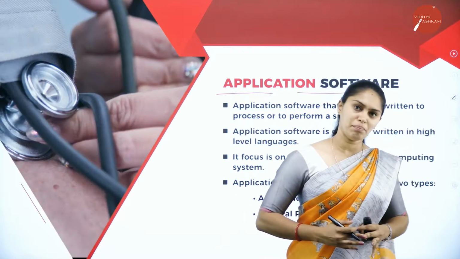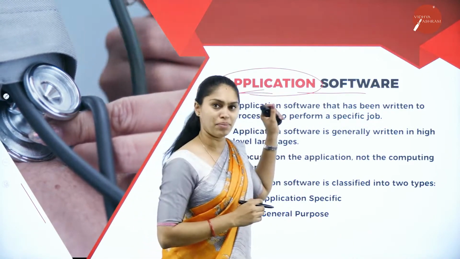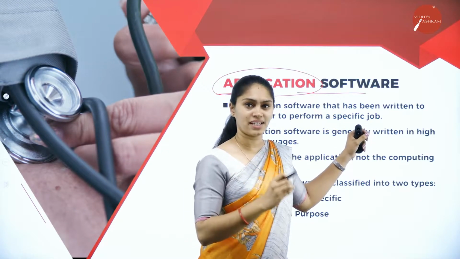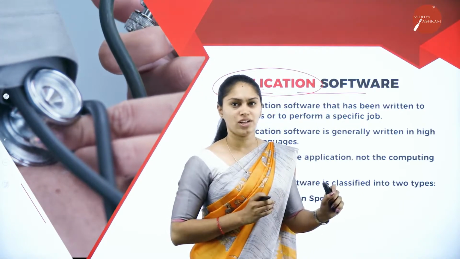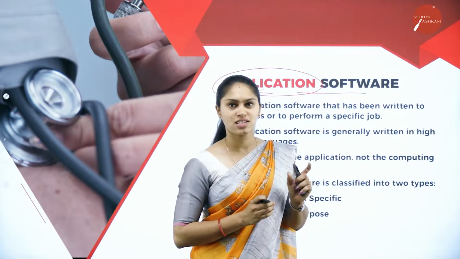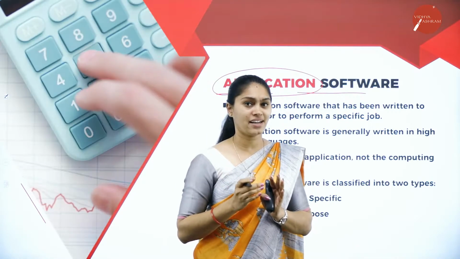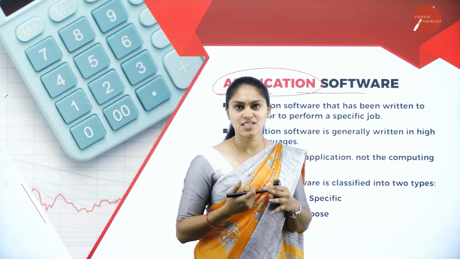Then what do you mean by application software? This application software has been developed in order to perform a particular task. It will be developed only to perform an exact task, the intended task. That kind of software is termed application software.